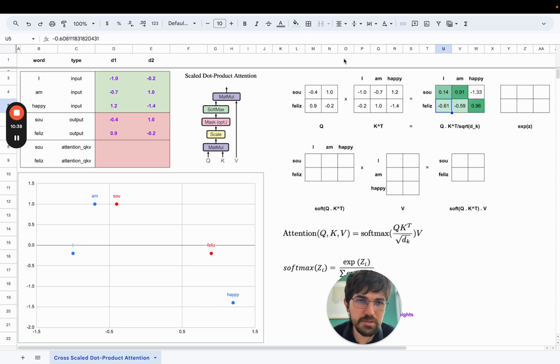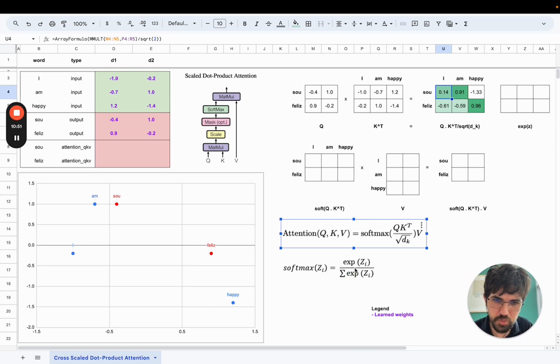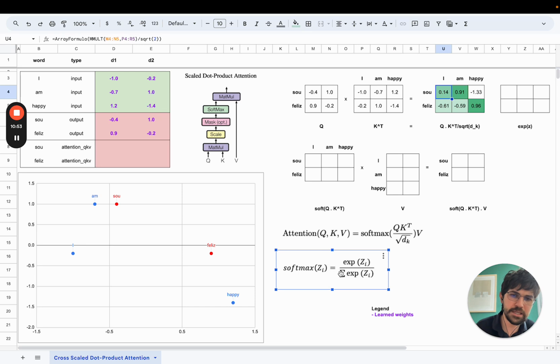Let me finish here. Okay, so then here we have implemented what we have inside here. And then the next step is to apply this softmax function, which we have on this side. The idea of the softmax function is to convert all of those values into proportions that would add up to 1.